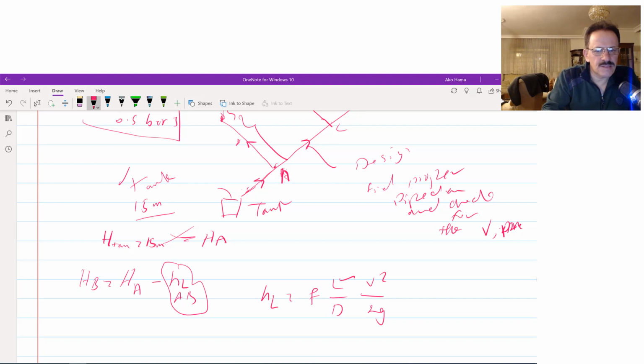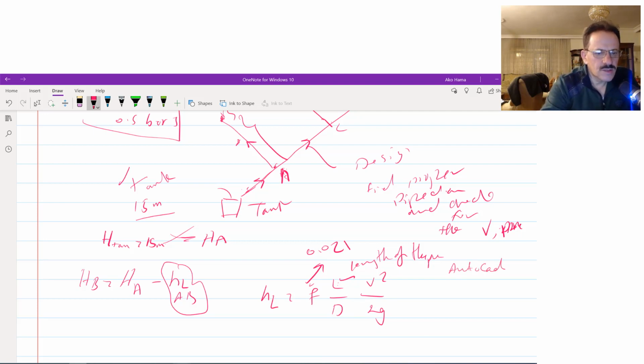Now F depends on the pipe that I am using, most likely it's 0.021, and L is the length of the pipe, which can be found from the AutoCAD.